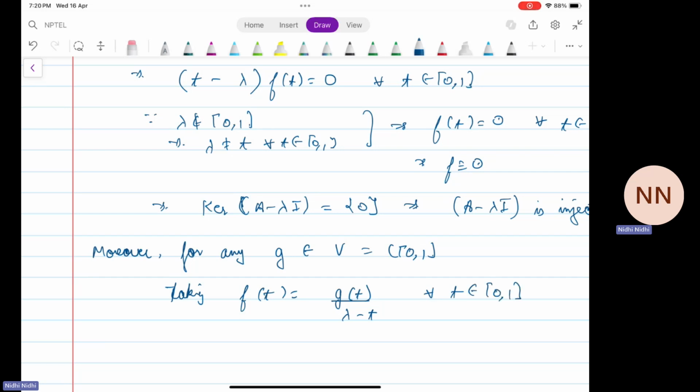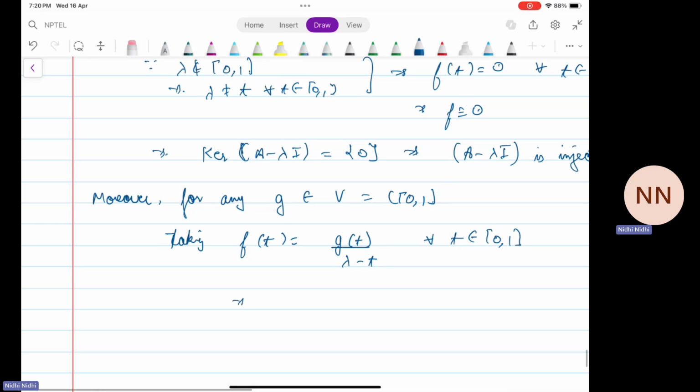Since lambda is not in closed interval 0 to 1, this f(t) is well defined. Moreover, it is continuous because g is also continuous. This implies f belongs to C[0,1] and (A minus lambda I) f(t).